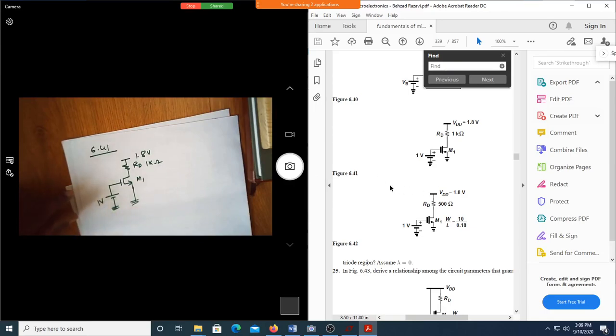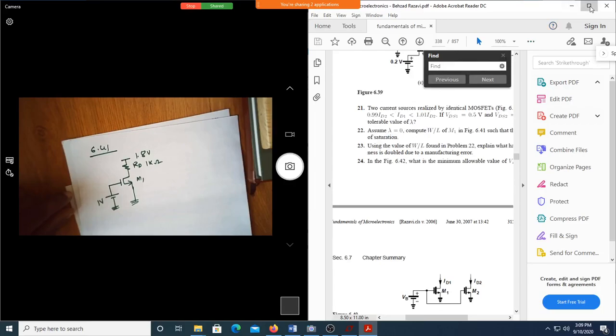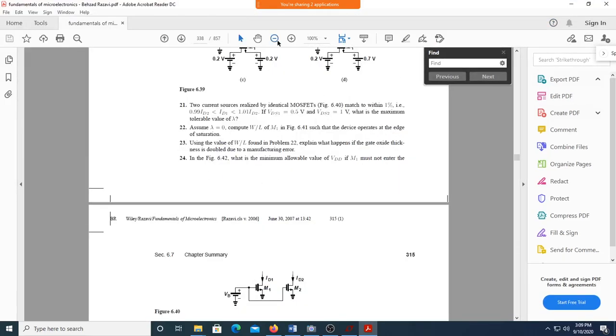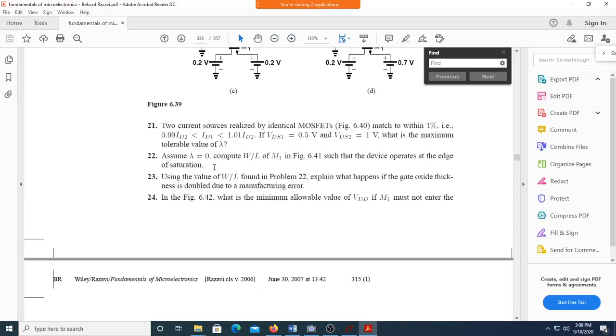Let us see what that figure 6.41 corresponds to. See here, the statement for that particular problem, 22. Assume lambda equals 0.